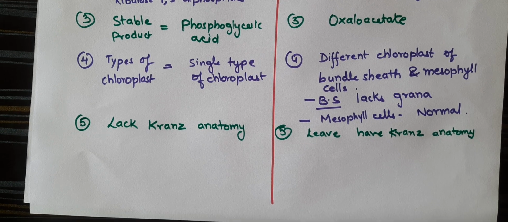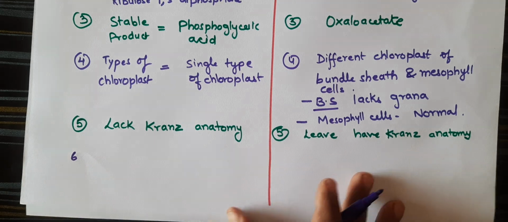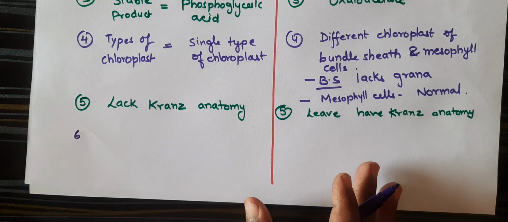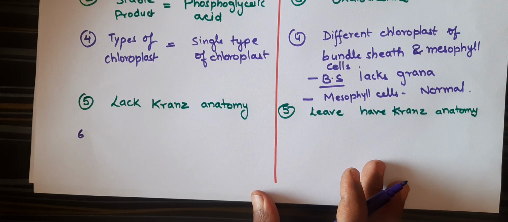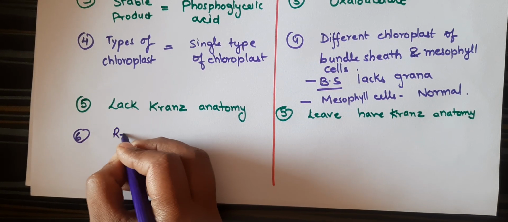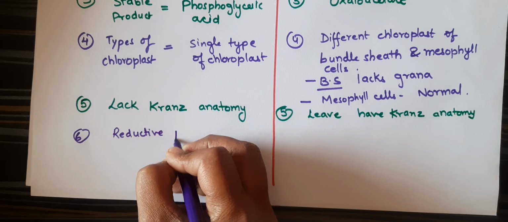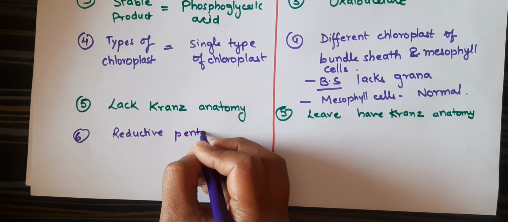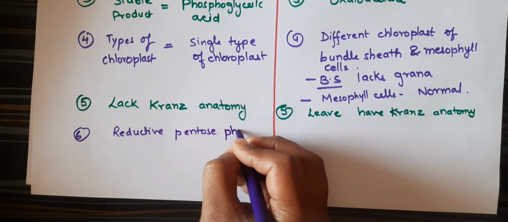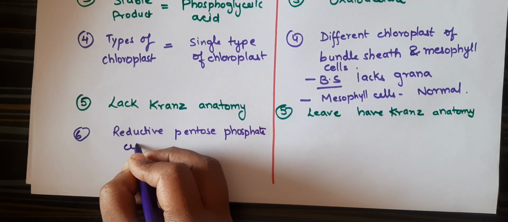The next difference is that in C3 plant only the reductive pentose phosphate cycle is found.